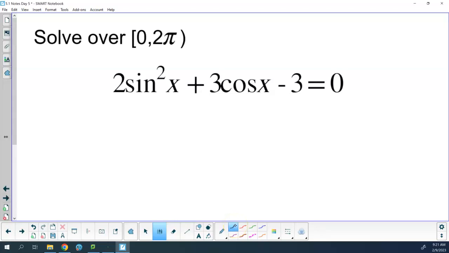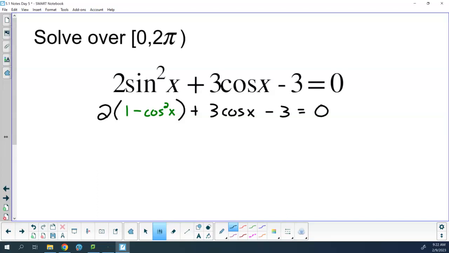Yeah. So if we took sine squared and made it be 1 minus cosine squared, now I've got one trig function. So let's work that. So this would then be 2 minus 2 cosine squared of x plus 3 cosine of x minus 3 equals 0.